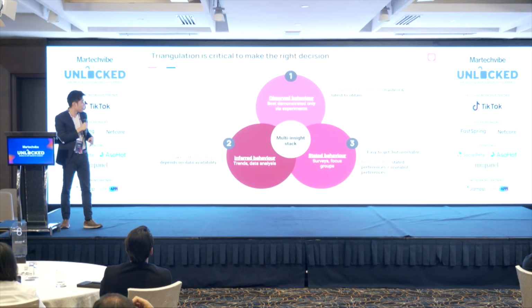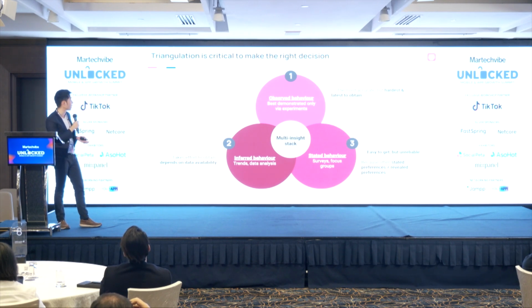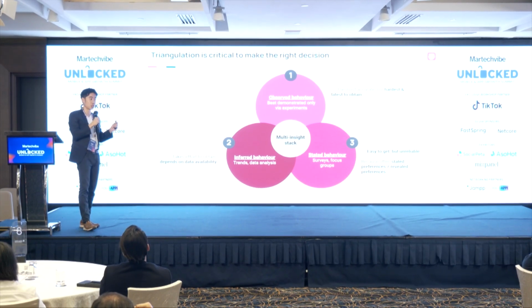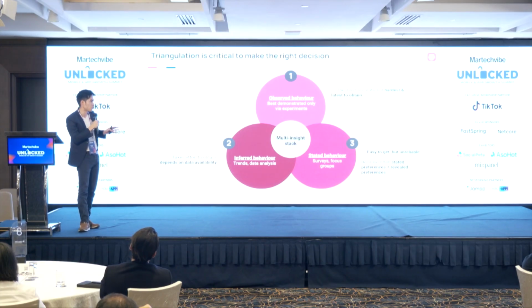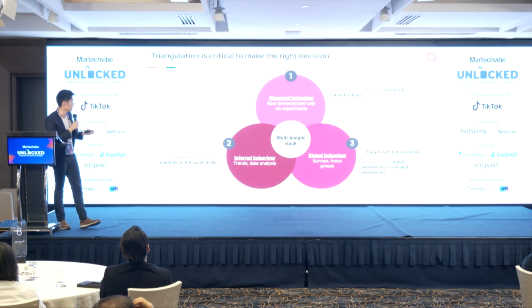But of course, despite that, you can collect all this information, but not all information is equal, and that's the next point that I want to land as well. Very often, we need to triangulate very carefully across all the various insights to make sure we make the right call. There are essentially three general types of information about customer behavior. This is primarily most relevant in the B2C space.